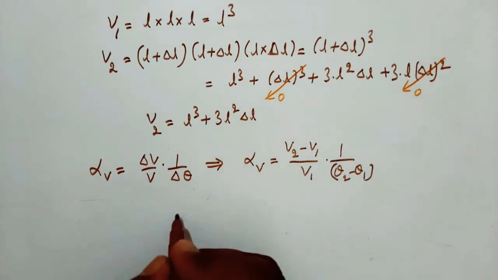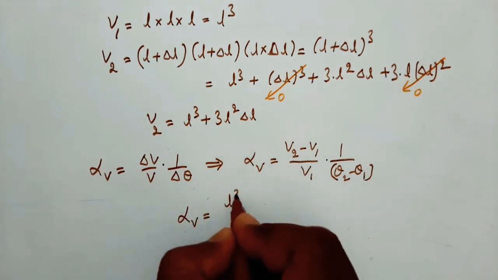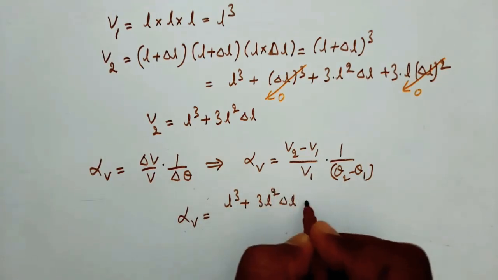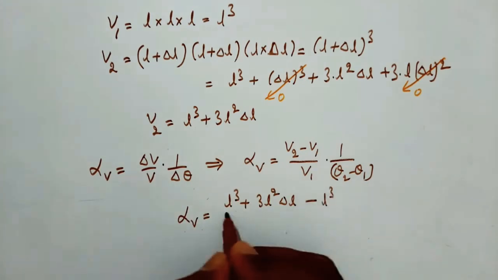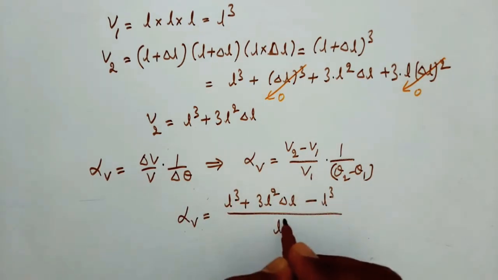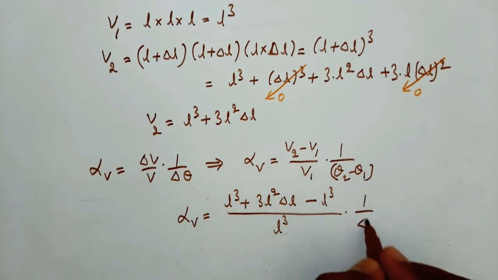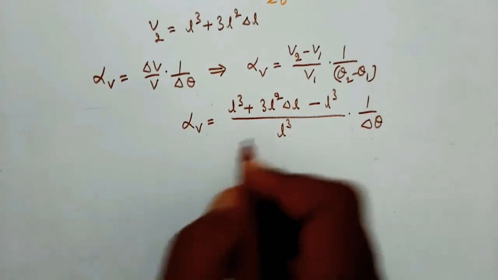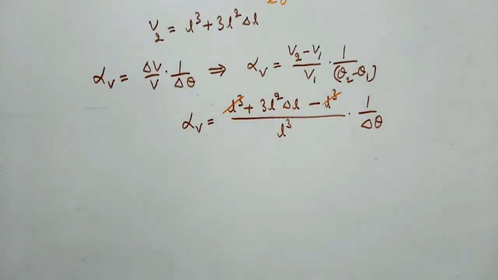Here V2 is L cube plus 3L square into del L, V1 is L cube, and theta 2 minus theta 1 is del T. L cube minus L cube cancel.